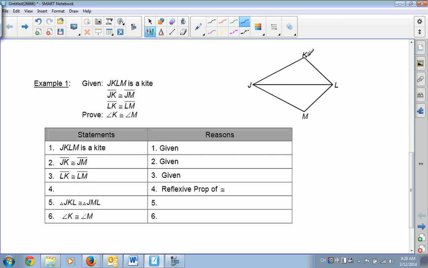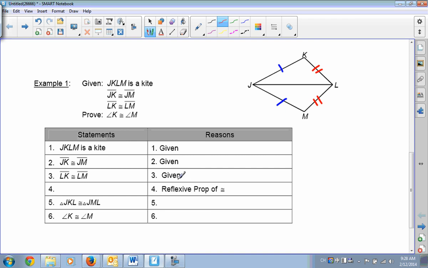So we don't have to mark that it's a kite, but we do need to mark that JK is congruent to JM. And we need to mark that LK is congruent to LM. Okay?